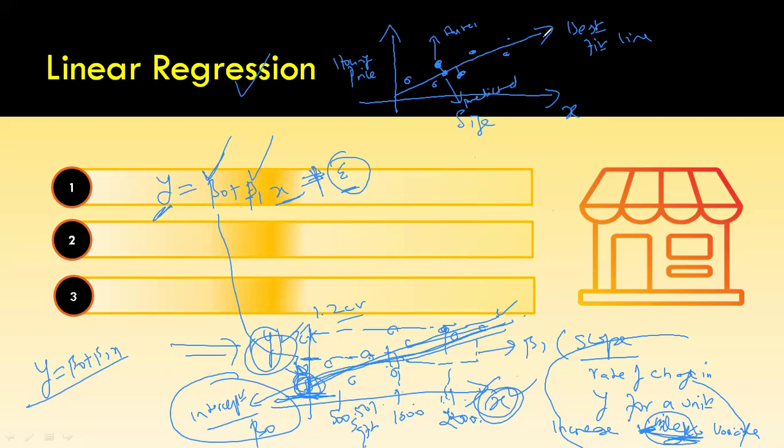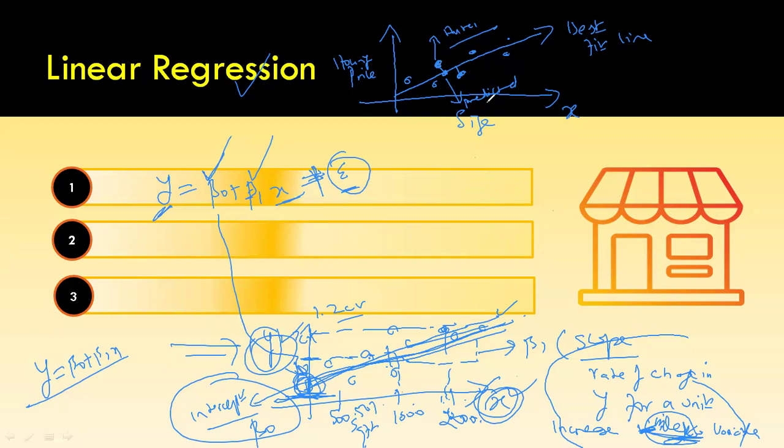Okay. So the objective of fitting the best fit line is to minimize the error between actual and predicted.